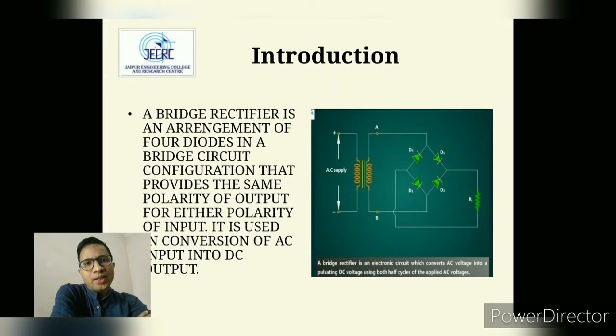A bridge rectifier is an arrangement of 4 diodes in a bridge circuit configuration. It provides the same polarity of output for either polarity of input. It is used in conversion of AC input into DC output.